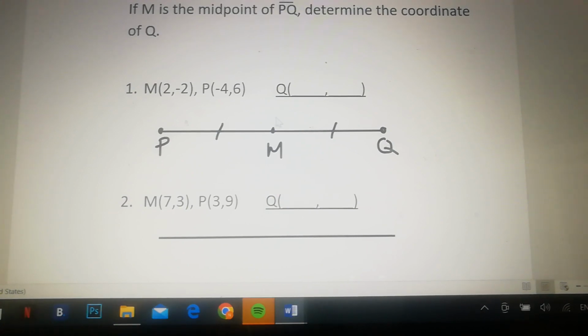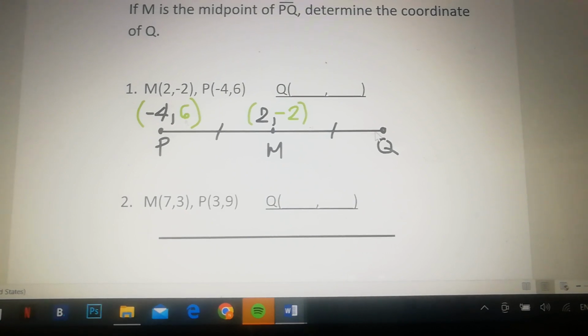So if the coordinate of M is 2, negative 2, and the coordinate of P is negative 4, 6. Okay, so find the coordinate of Q.